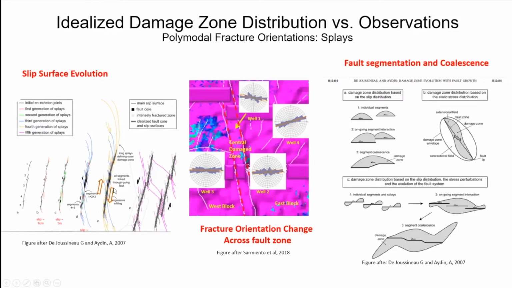And number two, we observe a diverse orientation of fractures associated with this fault system along the fault plane in this strike-slip system. So that's on the left.